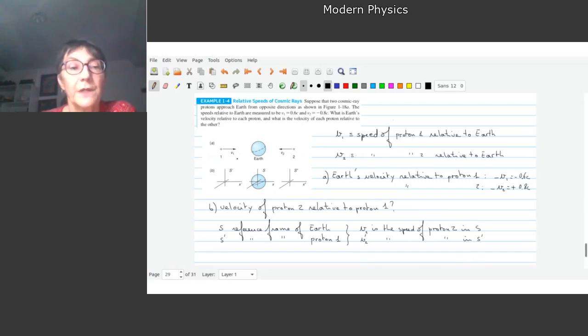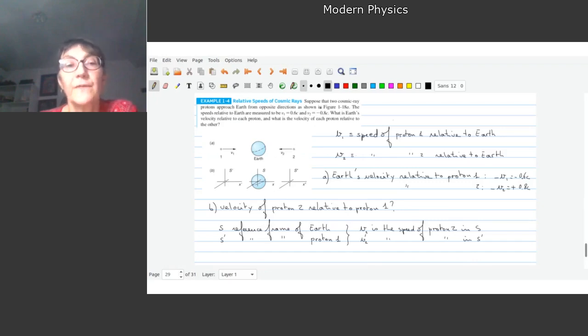So you have Earth, we are here, and you have the first proton this way, and the second proton this way. And they have different velocities. For example, v1, the velocity of this proton as measured by an observer on the Earth, is 0.6 c, and v2 is minus 0.8 c.